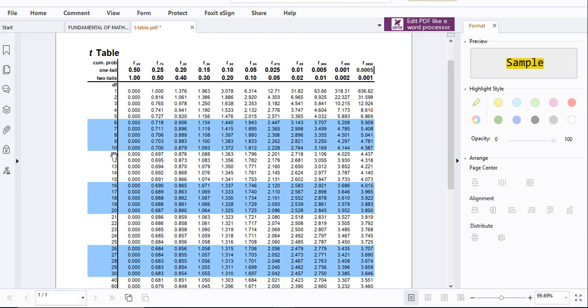11 degrees of freedom is this one, and one tail test.